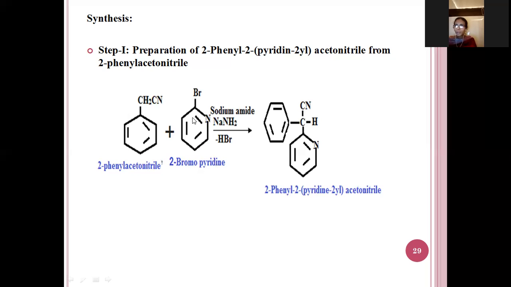So the remaining pyridine structure is attached to the 2-phenyl acetonitrile to get 2-phenyl-2-pyridin-2-yl acetonitrile. So this is the first step.